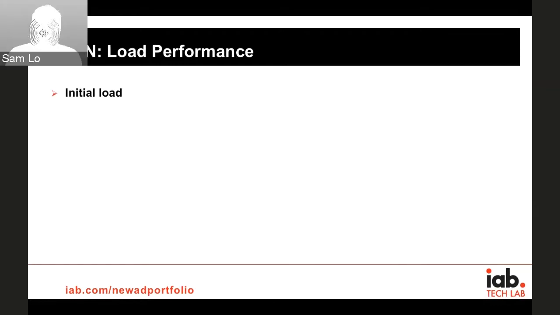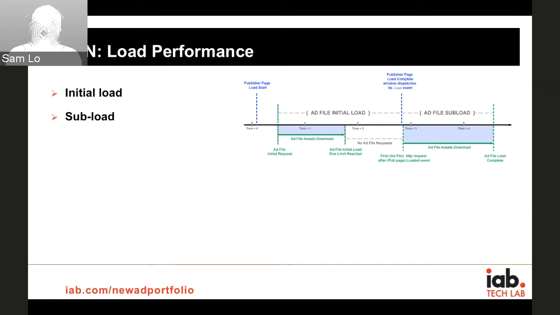Sure. Thanks, Shelley. From the specification that was released, there's a little diagram that helps to explain where we see the initial load and the subload starting points. If we look at the lines, the vertical blue line at the left is where the publisher page load begins, and the first green line that you encounter is when the ad load would begin.